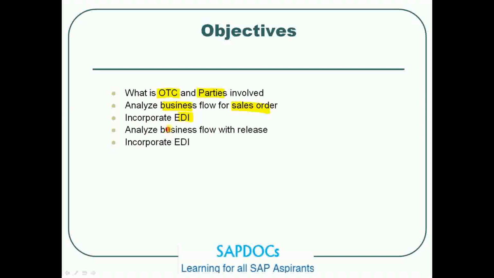Next, we'll analyze business flow with release, then we'll again incorporate EDI. To note, these two are not all the business processes for OTC, but these two are the major ones.